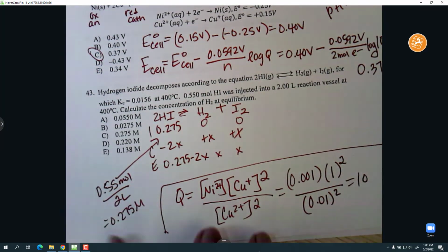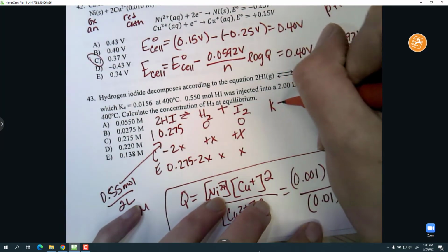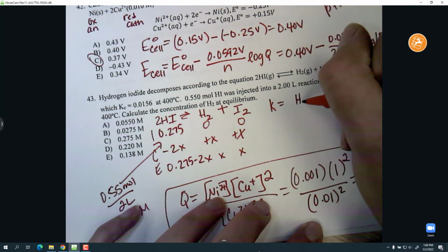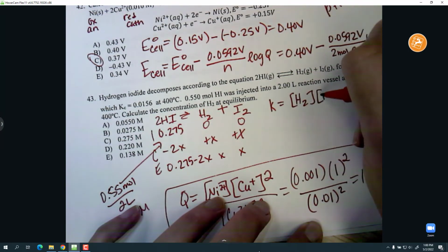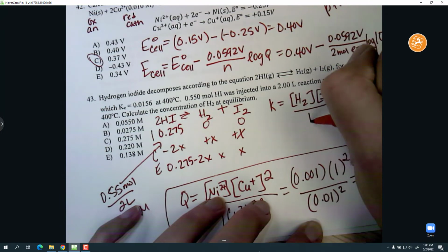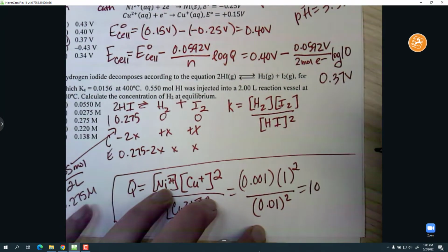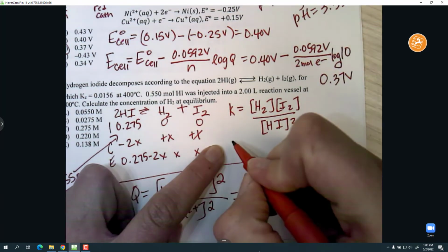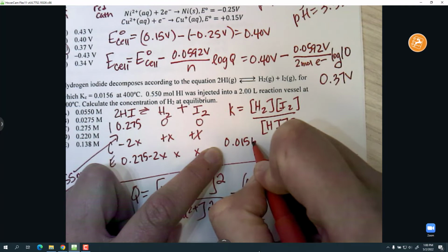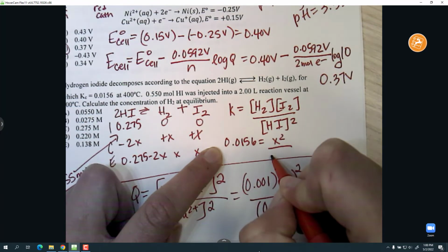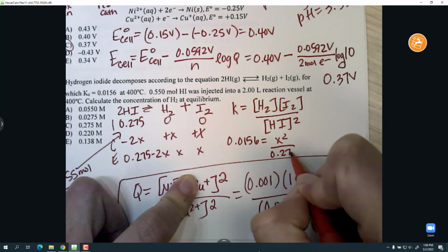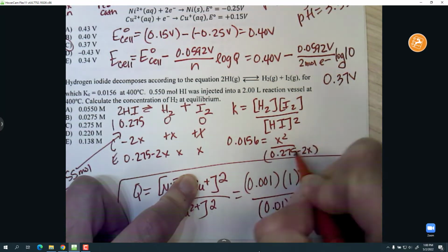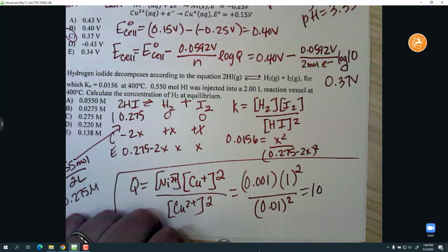All right, for my K, H2 and I2 on top, HI on the bottom, and it gets squared. Remember, I don't have to assume x is small here.